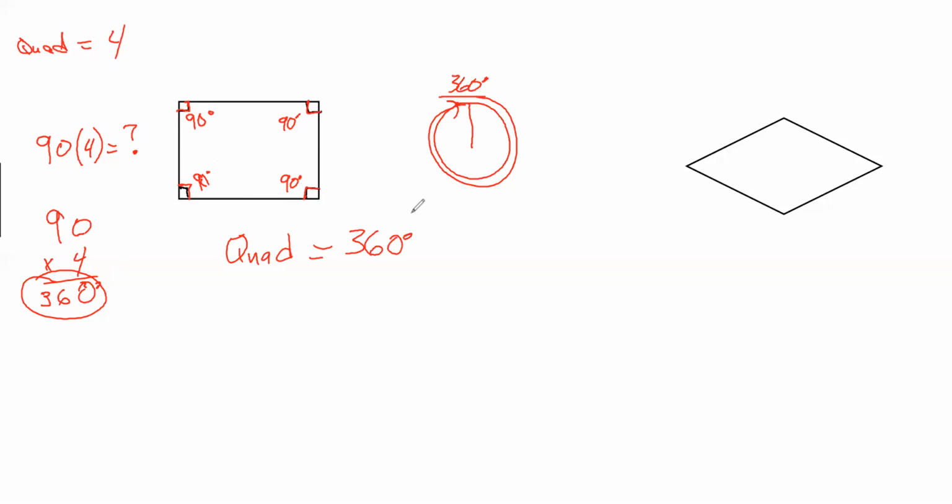So then when we go to a different quadrilateral that's not a square, but has four sides or four angles, when we look at a quadrilateral like this, for example, you know that all four of these angles, whatever they are, add up to 360 degrees. So we can call this A, B, C, and D. So A plus B plus C plus D equals 360.